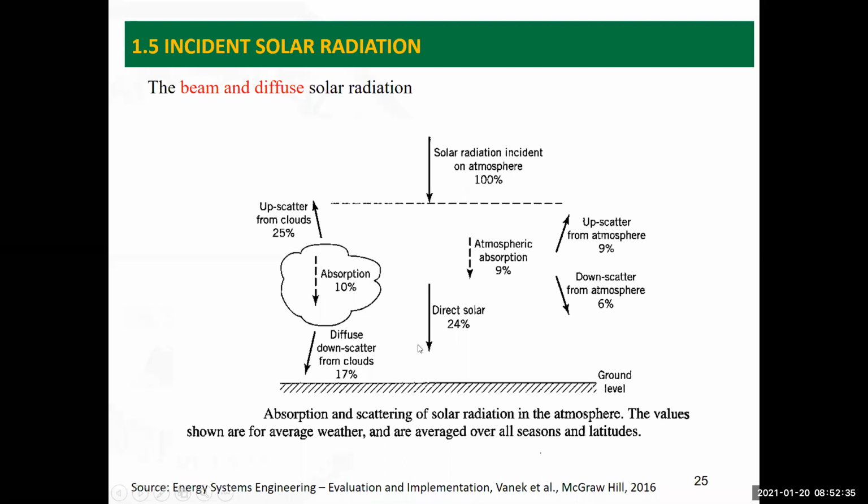If we have a device that can measure the solar flux falling onto a surface on the earth, it would measure a value that will not exceed something between 900 to 1,000 watts per meter square.